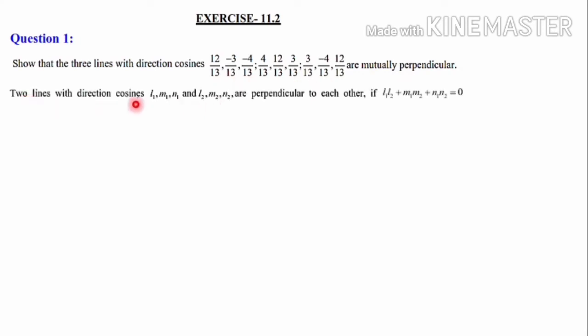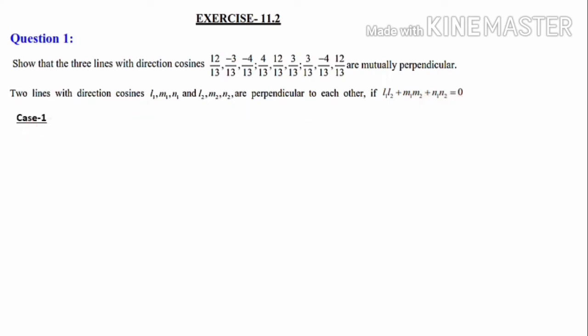Since direction cosines are given, the formula is that we need to prove l1 l2 plus m1 m2 plus n1 n2 is equal to 0. Then we can say that the lines are perpendicular.